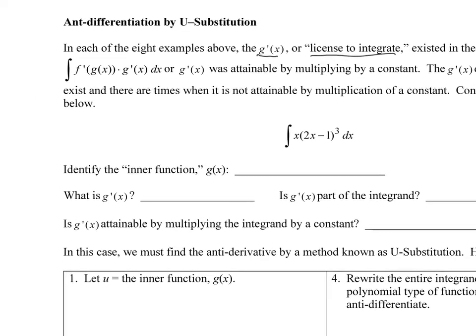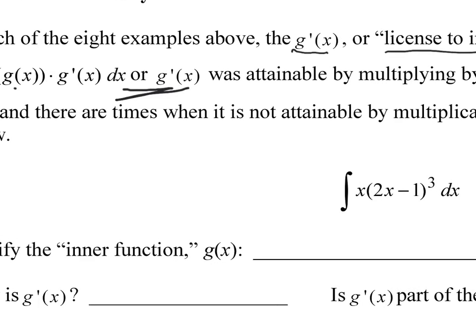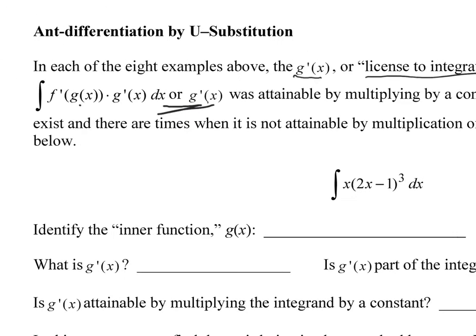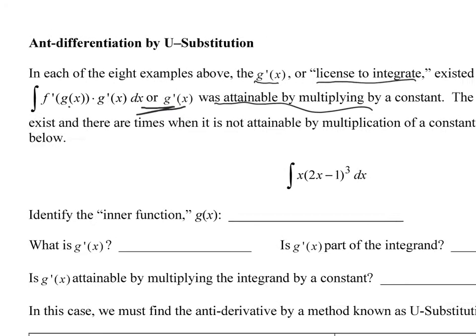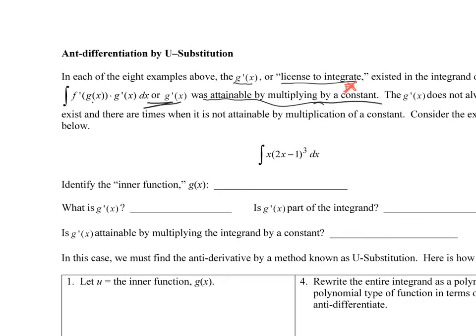It existed in the integrand of the integral of f of g of x times g prime of x, or g prime of x was obtainable by multiplying by a constant. I need to star this because that's the only thing you're allowed to do, is multiply by a constant. You can't multiply by a function.